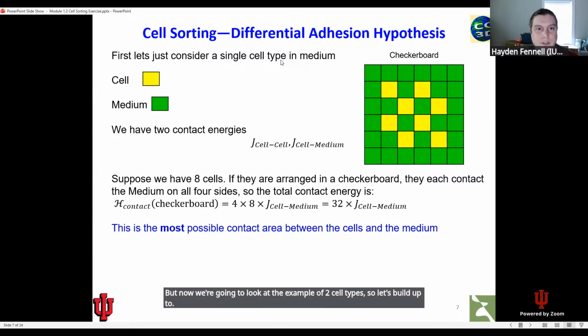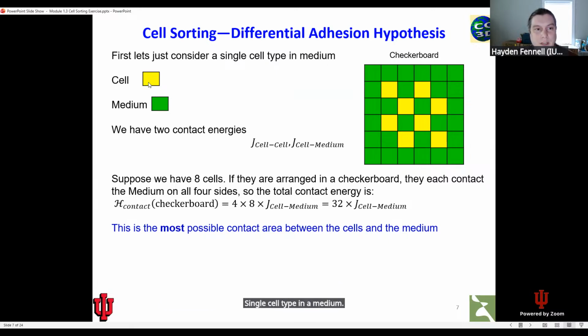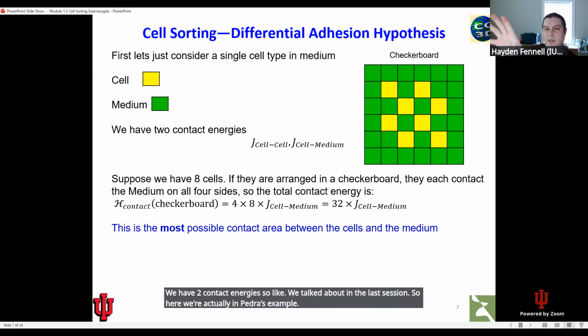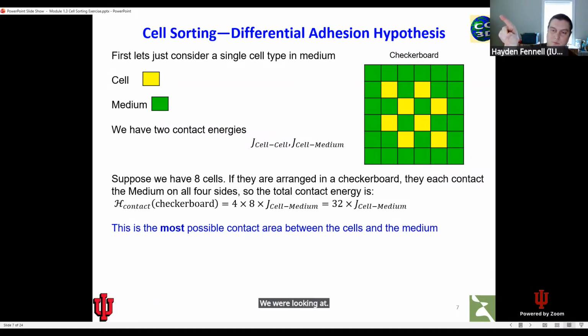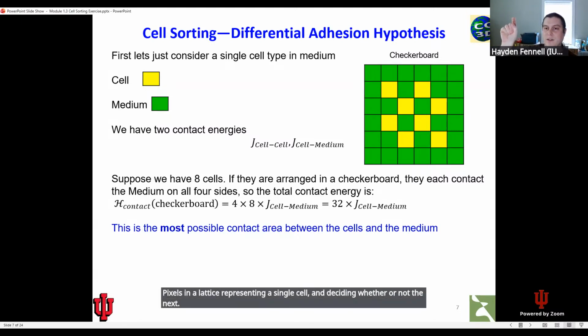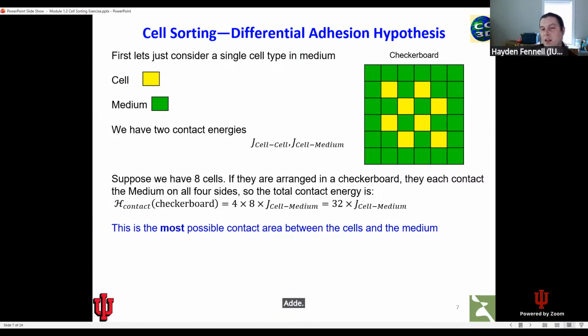So again, first, if we're considering a single cell type in a medium, here we have yellow squares representing cells and green representing medium. We have two contact energies, like we talked about in the last session. In Pedro's example, we were looking at pixels in a lattice representing a single cell and deciding whether or not the next pixel is going to be added to the cell.